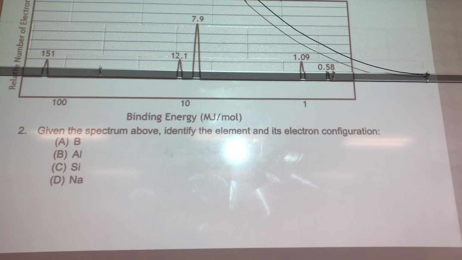Do both of them, by the way, 1 and 2. They're not really numbered on the paper, but. And put your pencil down if you're done.